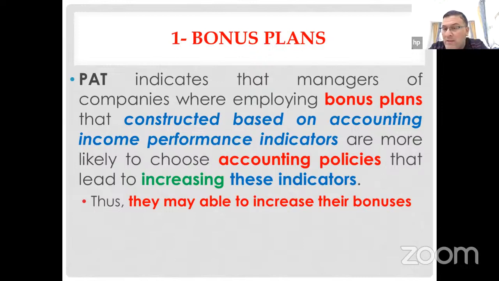Why? Again, Watts and Zimmerman, the inventors of this theory, indicate that the managers of companies employing bonus plans, if these plans are constructed based on accounting income performance indicators, are more likely to choose accounting policies or strategy that lead to increasing these indicators.